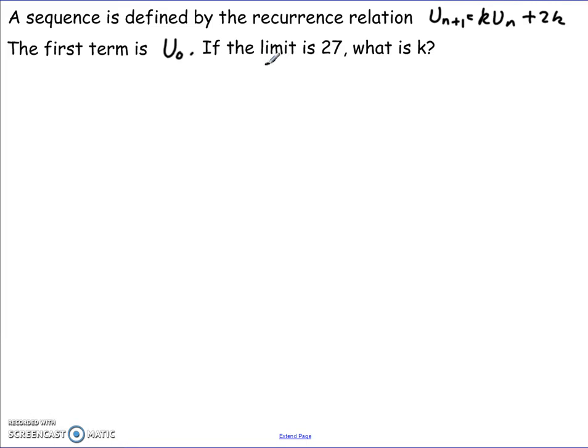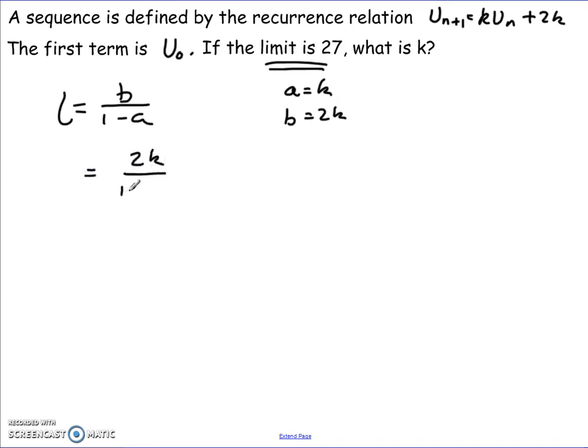Well, we know what the limit of the function is, 27, so we have to start thinking in terms of that. We know the limit is equal to b over 1 minus a. We can read off b and a from there. We know that a is k, and that b is equal to 2k. So we know the limit in this case is given by 2k divided by 1 minus k. But we also know that that equals 27. So we can set up a nice little equation to be able to solve.